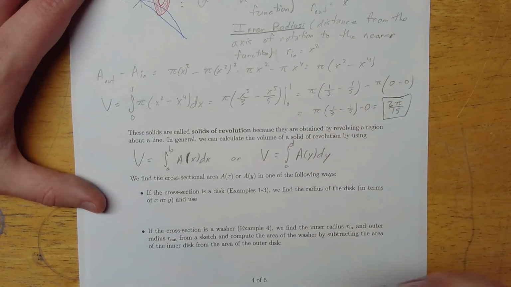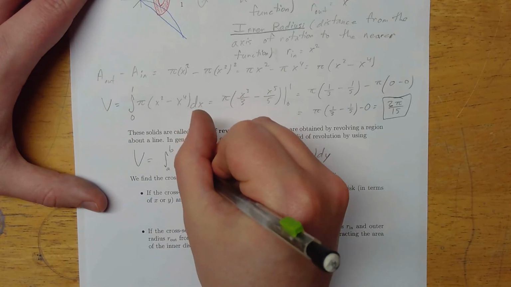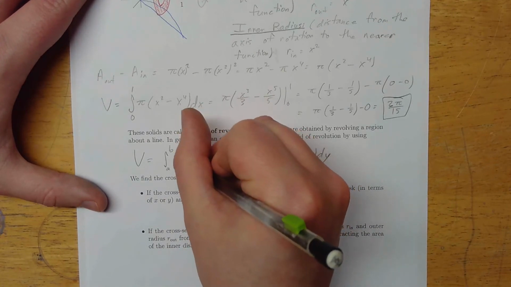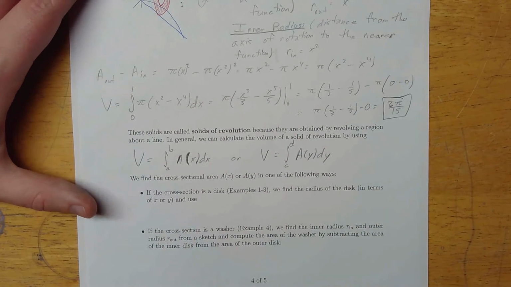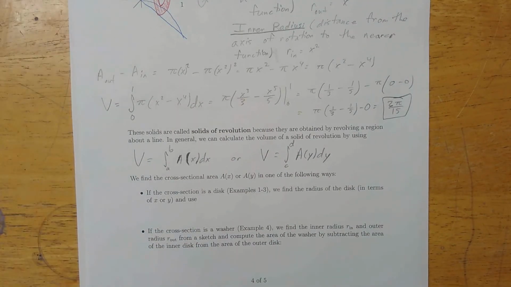Again, it really depends which variable we are trying to integrate with respect to and focus on. Now we can find this cross-sectional area a couple of different ways.